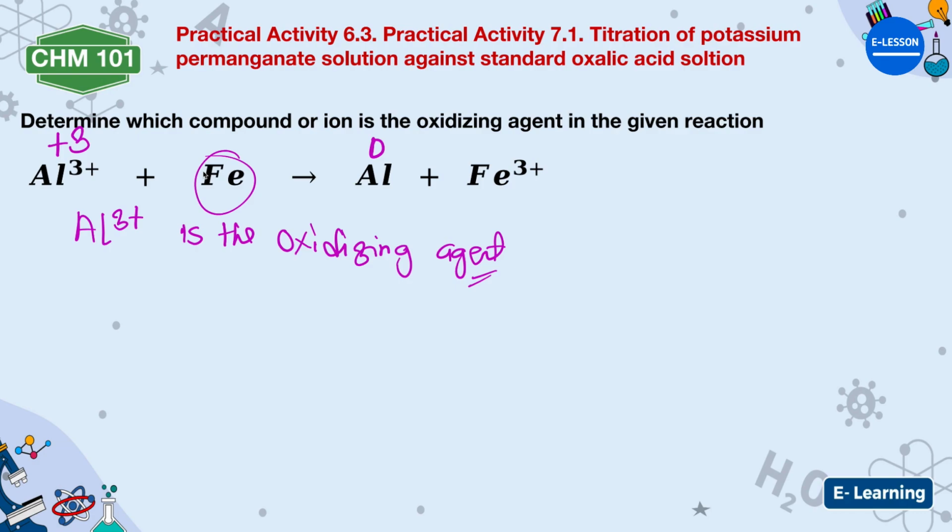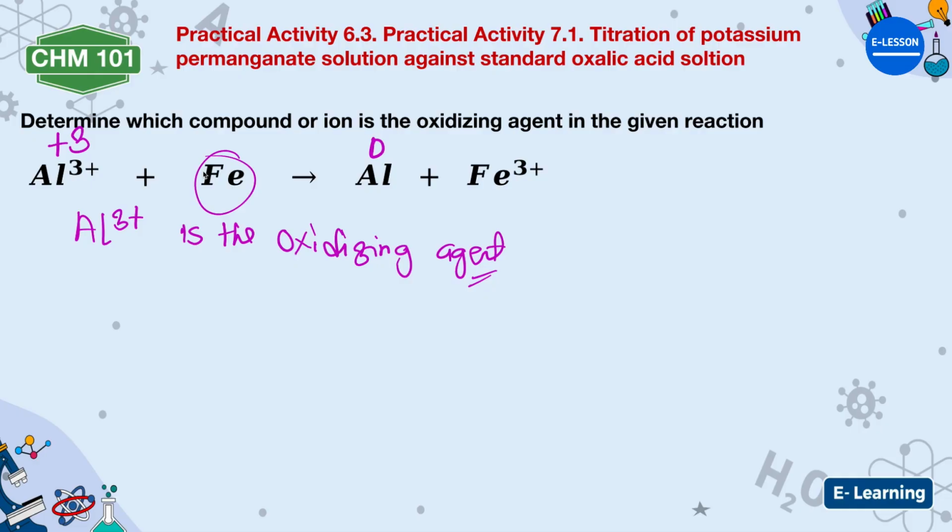This is because the oxidation number of Al3 plus was reduced from 3 to 0. Hence, it is the what? Oxidizing agent, because in an oxidation reduction reaction, the oxidizing agent is often the one that is being reduced. Are you getting the idea now?